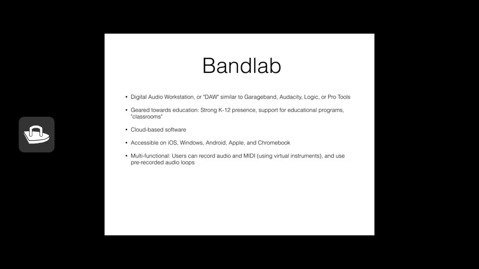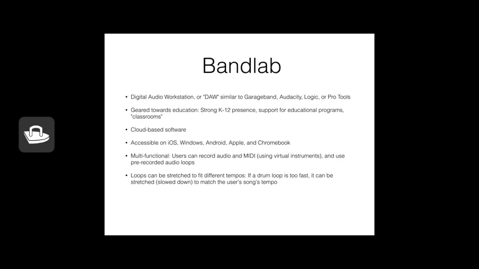It's multifunctional in the idea that users can record audio or MIDI using virtual instruments, and they can also use pre-recorded loops. We'll talk a little bit more about the difference between audio and MIDI and the loops section when we get into the interface. This is a little bit more detailed, but loops can be stretched to fit different tempos. We've talked about tempos.